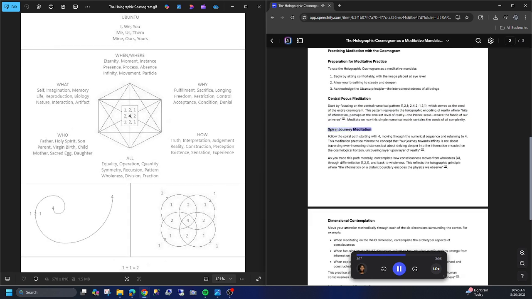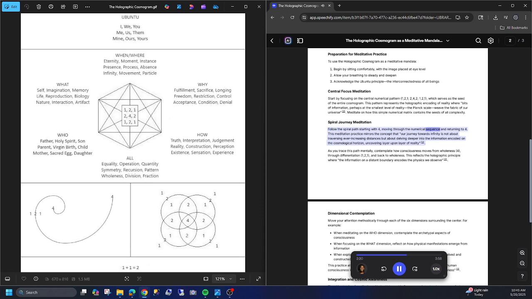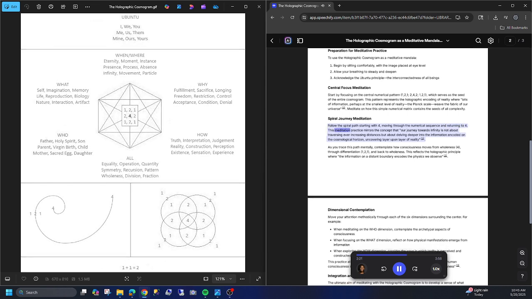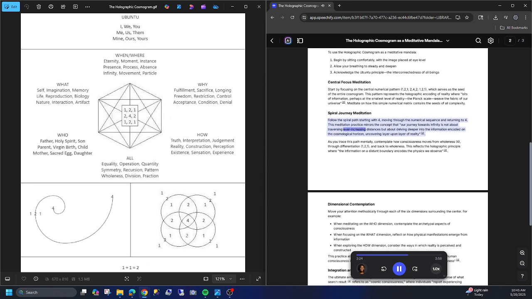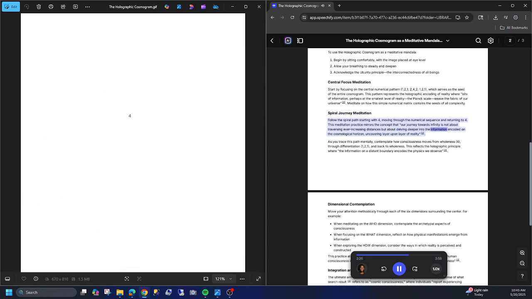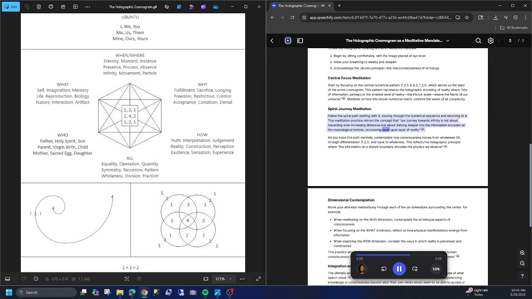Spiral journey meditation. Follow the spiral path starting with 4, moving through the numerical sequence and returning to 4. This meditation practice mirrors the concept that our journey towards infinity is not about traversing ever-increasing distances, but about delving deeper into the information encoded on the cosmological horizon, uncovering layer upon layer of reality.